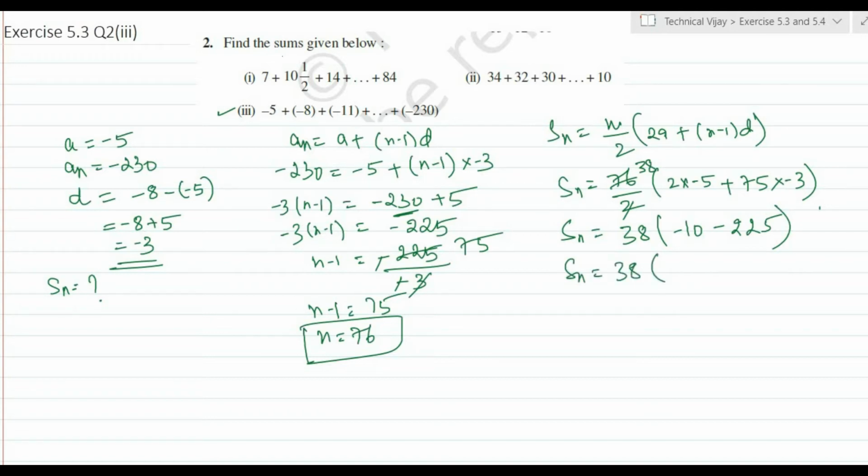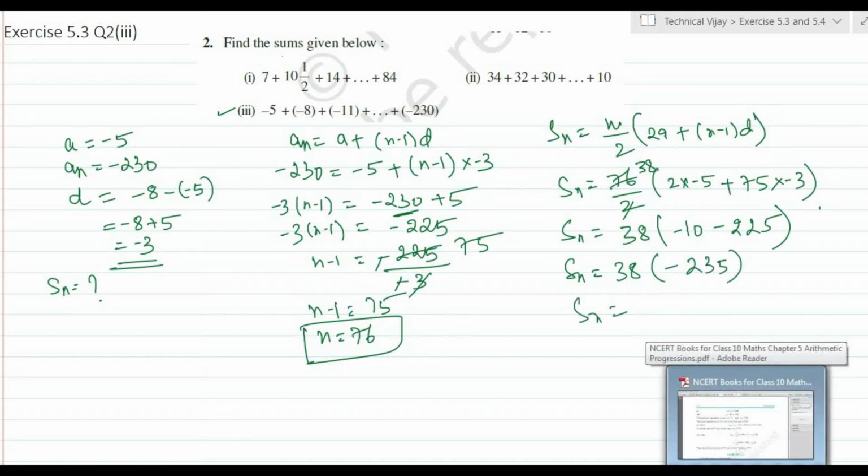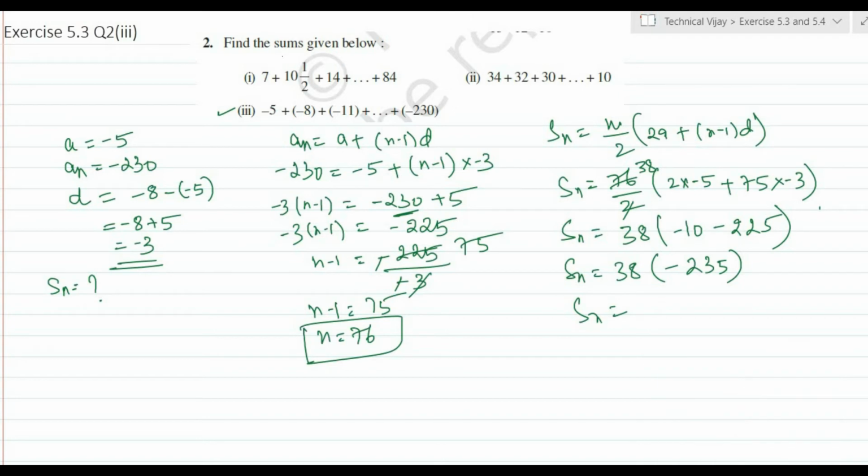Here minus and minus are adding, so minus 235. So Sn is equal to 38 into minus 235, which on multiplication is minus 8930. So this is the value.